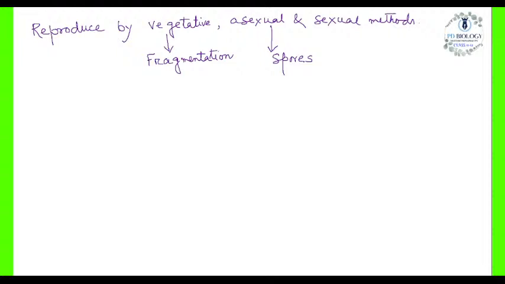Gametes may be flagellated and similar in size, or non-flagellated, non-motile, but similar in size. In Chlamydomonas, in Spirogyra, this type of reproduction is called isogamous.